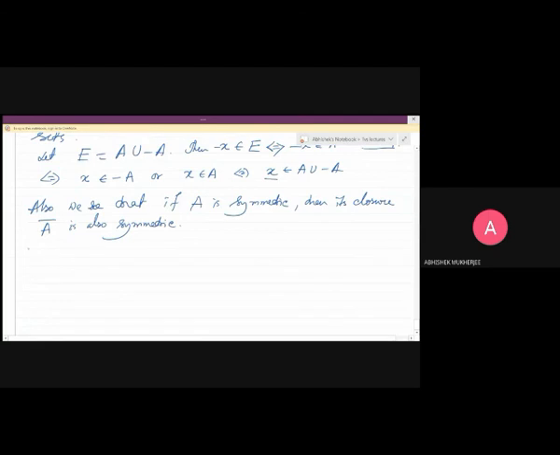Why? Since minus x belongs to A bar implies, what does it mean? That is, for any neighborhood N of minus x, it will intersect A, for all neighborhoods.